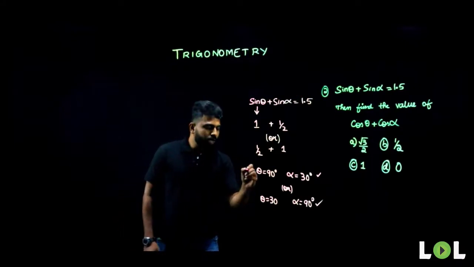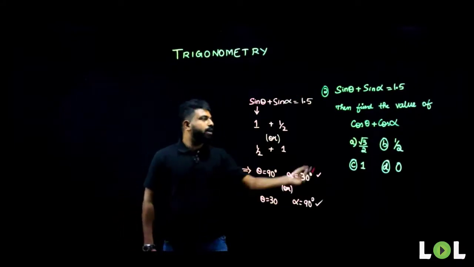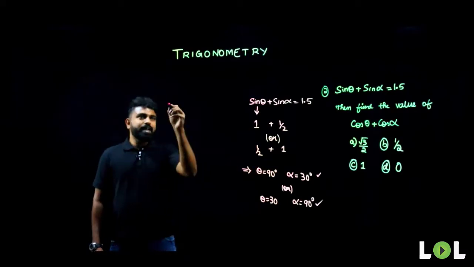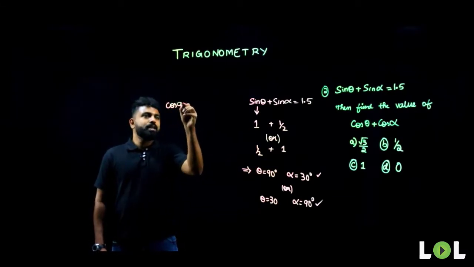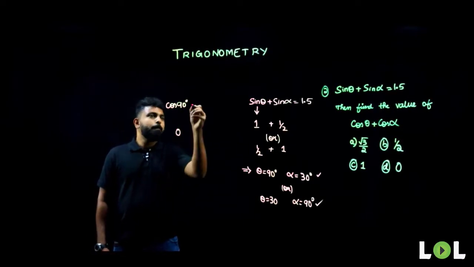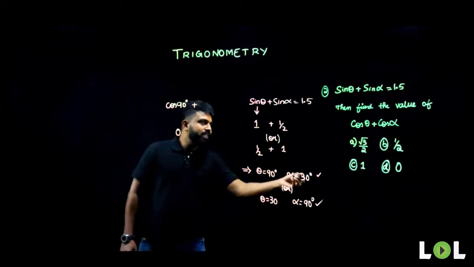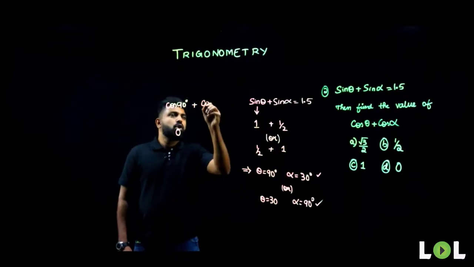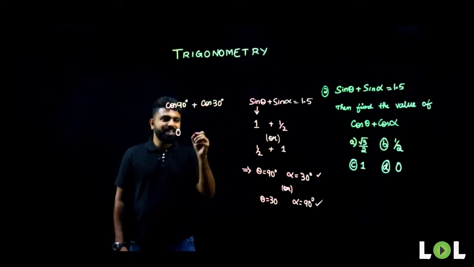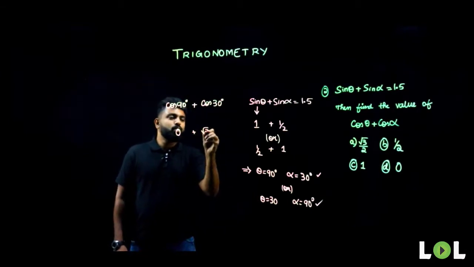So for these values, let me check what is the value of cos theta plus cos alpha. For theta equal to 90 degrees, what will be cos 90 degrees? Cos 90 is nothing but 0, plus, if alpha is equal to 30 degrees, it will be cos of 30 degrees. What will be the value of cos 30 degrees? It will be root 3 by 2.